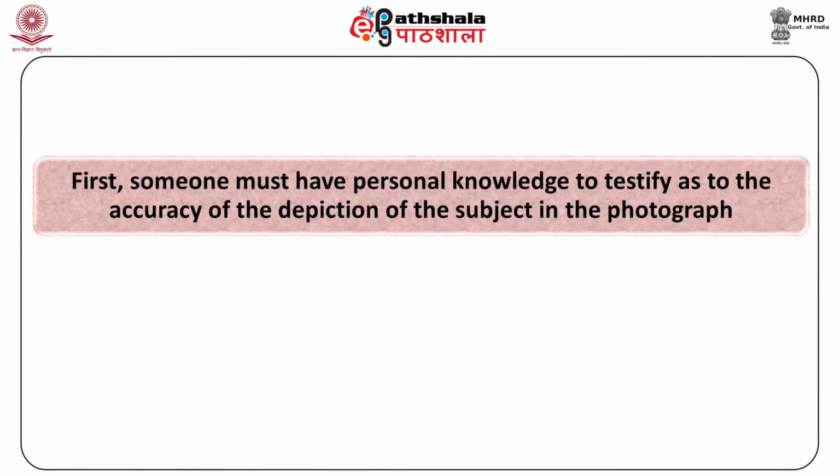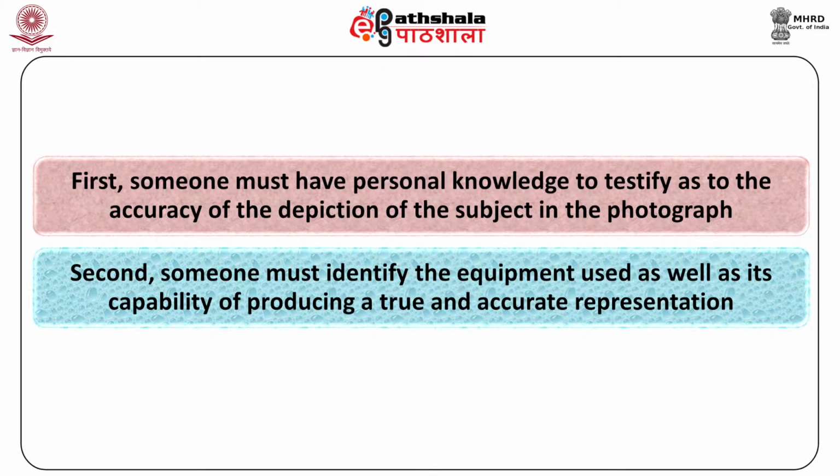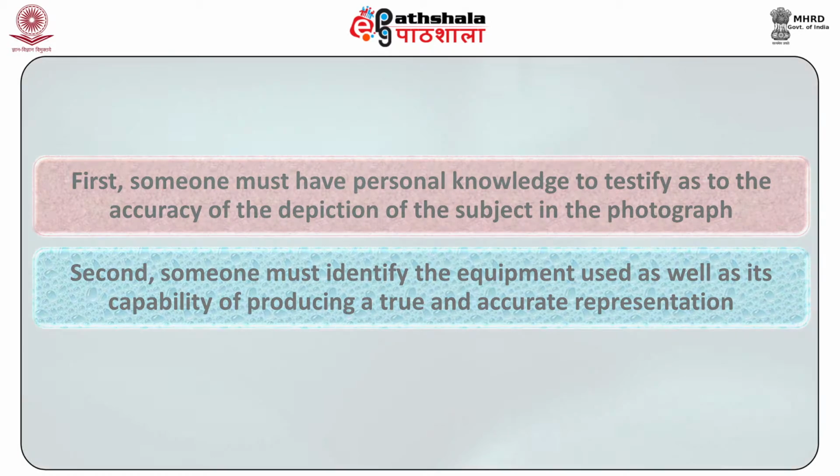First, someone must have personal knowledge to testify as to the accuracy of the depiction of the subject in the photograph. Second, someone must identify the equipment used as well as its capability of producing a true and accurate representation.